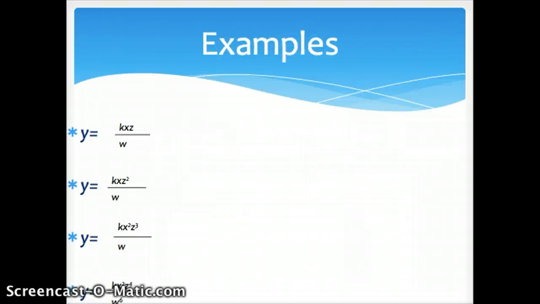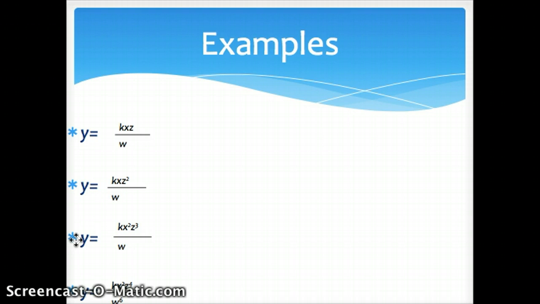Some equation examples are y varies directly as xz and inversely as w. The second one is y varies directly as x and the square of z and inversely as w.